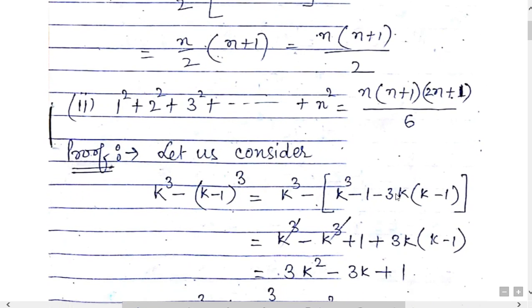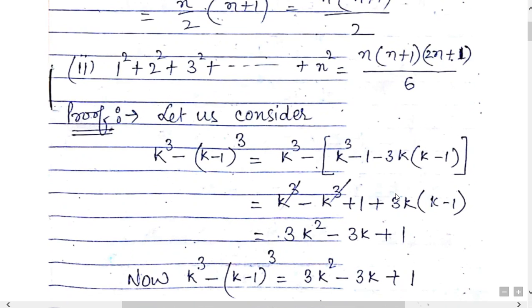Now the second series is sigma n square. This series is required in exercise 9.4. This series is neither AP nor GP. Either we can prove this series using the principle of mathematical induction or using the method inside the NCERT book, before the exercise.